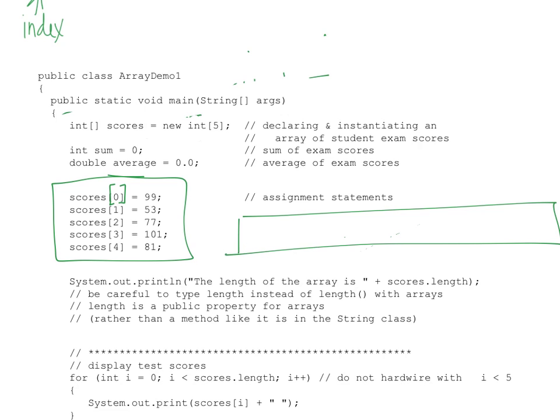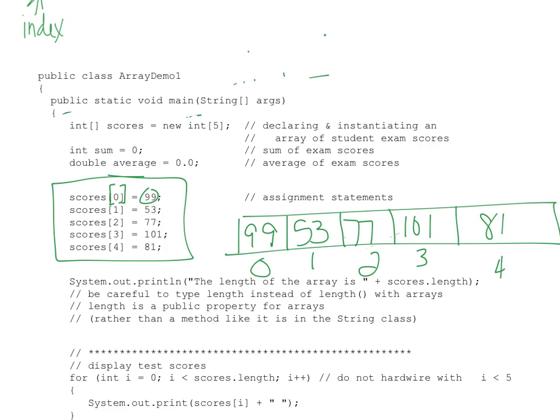So if I were to draw this, there's 1, 2, 3, 4, 5 values in this array. This is the 0 one, so they're saying in the 0 spot, put 99. In the 1 spot, put 53. In the 2 spot, put 77. In the 3 spot, put 101. And in the 4th spot, put 81. So the indexes allow you to refer back to it.